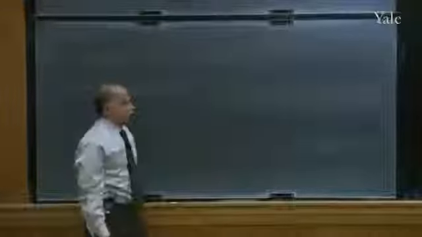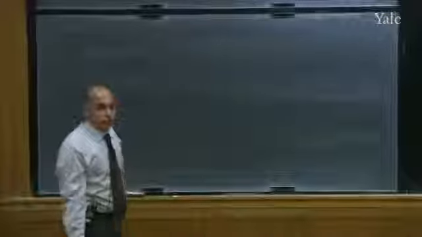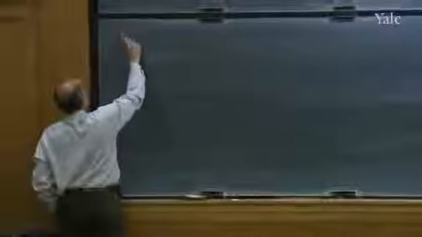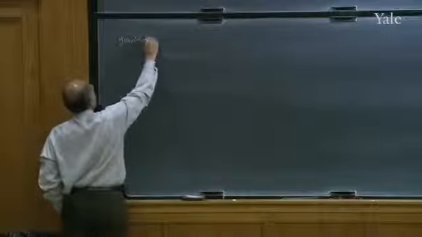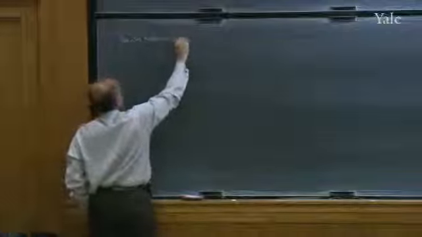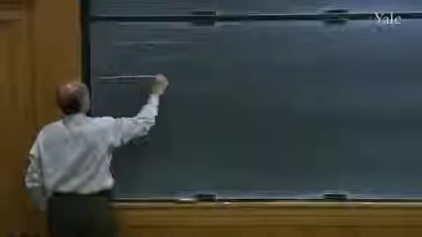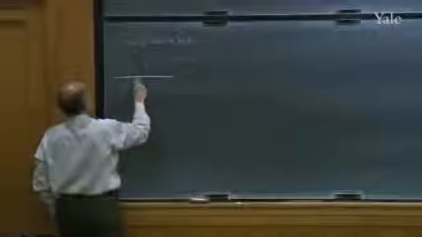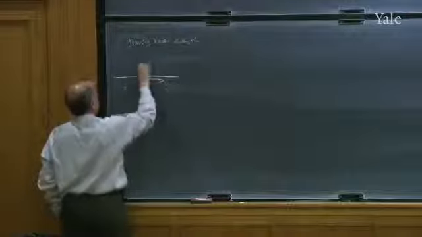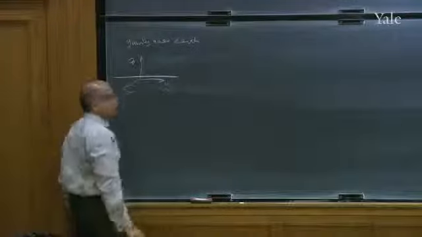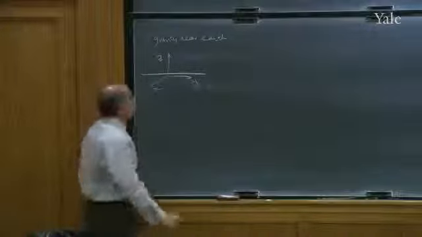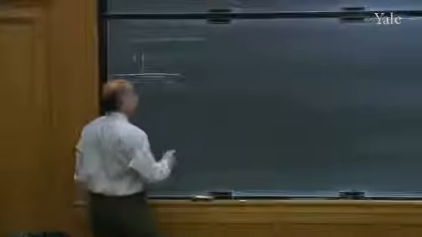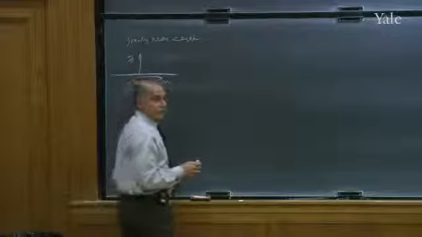So let me give you one simple example that we all know, which is the force of gravity near the Earth. So here is the Earth. There are some x and y coordinates, and here is z. I might as well write down the answer because you all know this.